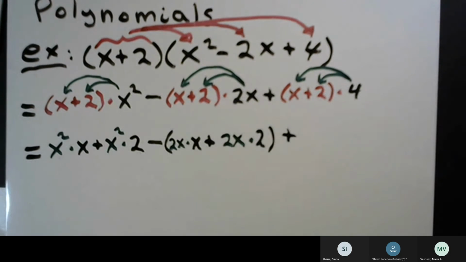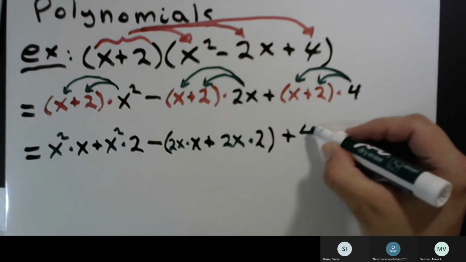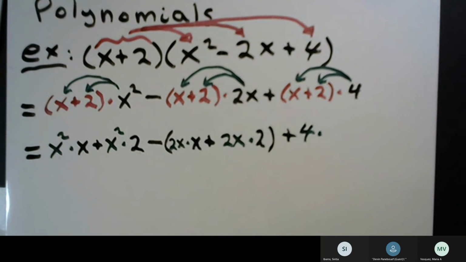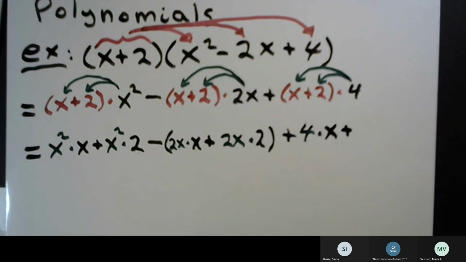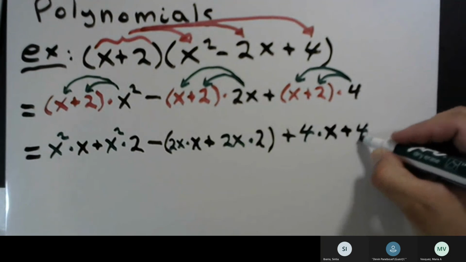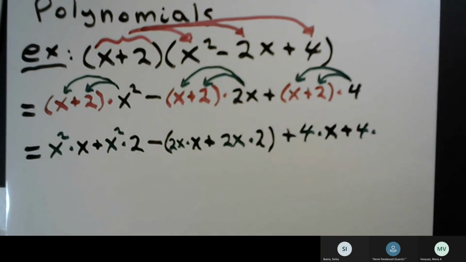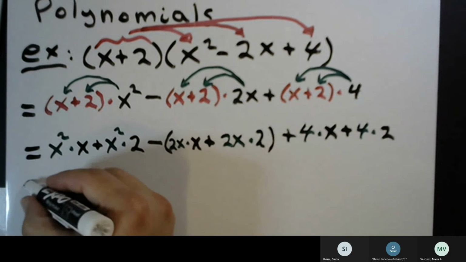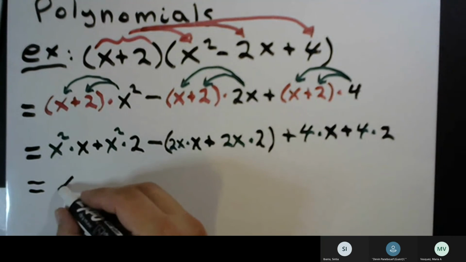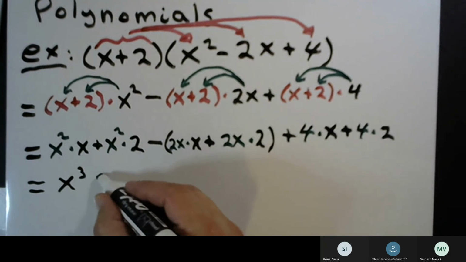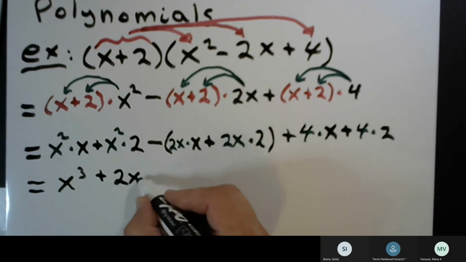Plus 4 times x, plus 4 times 2. So this will become x cubed plus 2x squared.